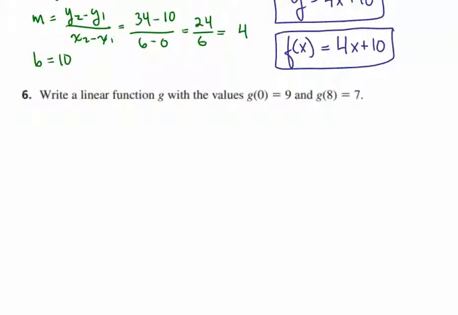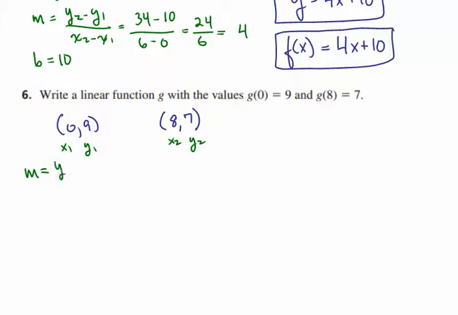So we're told that g of 0 equals 9. That means that we have the point x is 0, y is 9. G of 8 is equal to 7, means we have the point 8, comma 7. We label x1, y1, x2, y2. We find the slope. Now this only works, of course, when we know that we're working with a linear function, which we are told that we are.